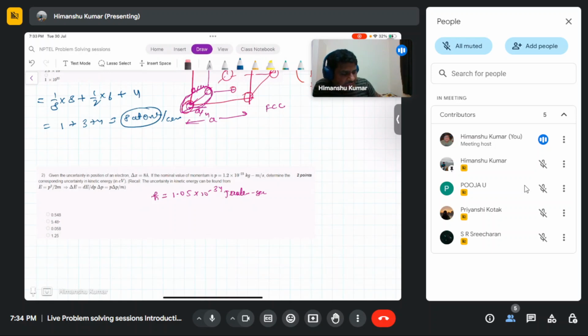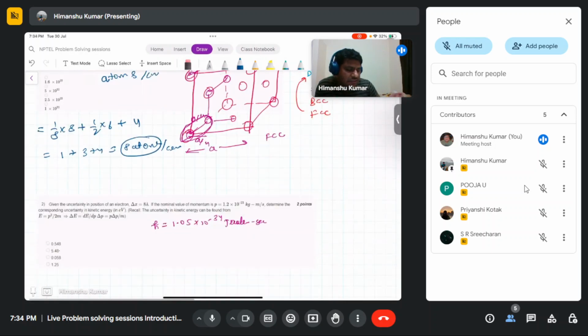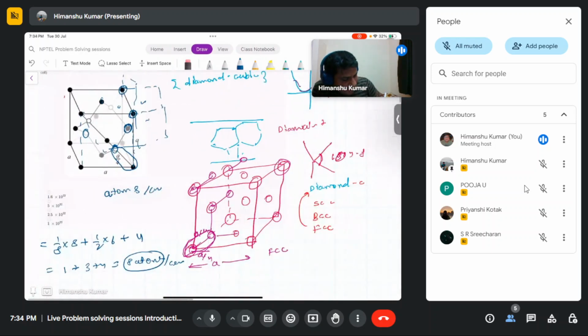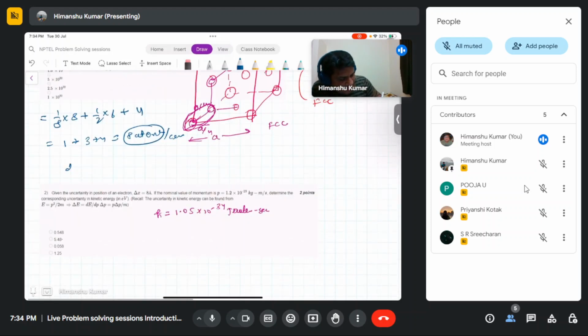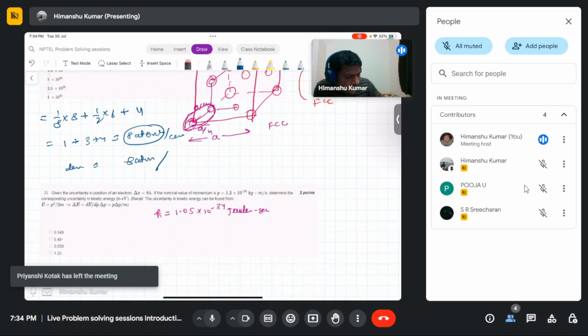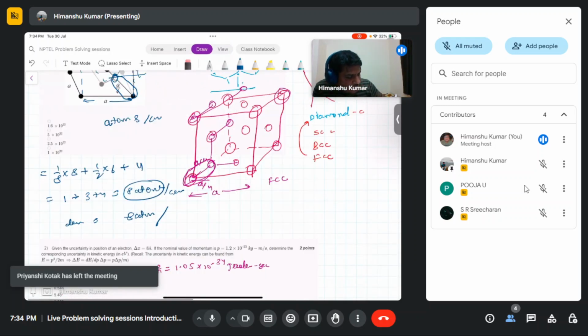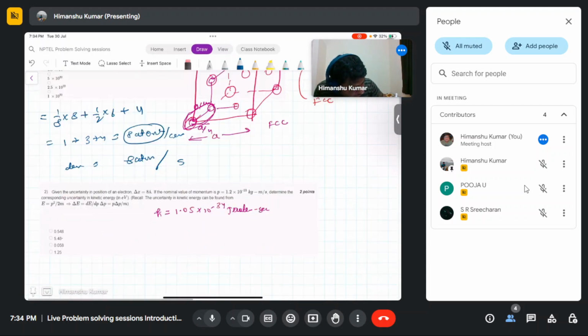The volume is just the lattice constant cube, and this is given. So the density is 8 atoms divided by 5.43 angstrom cube.